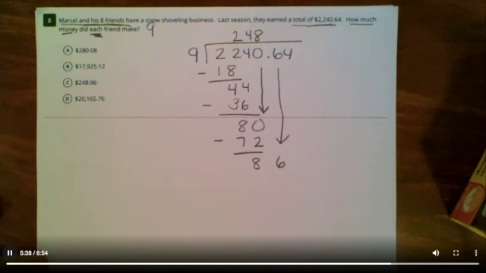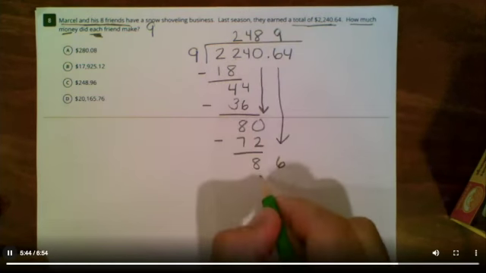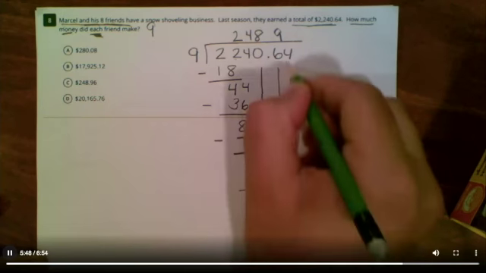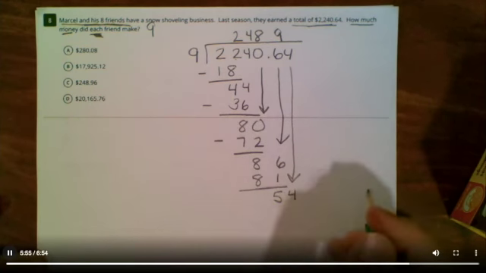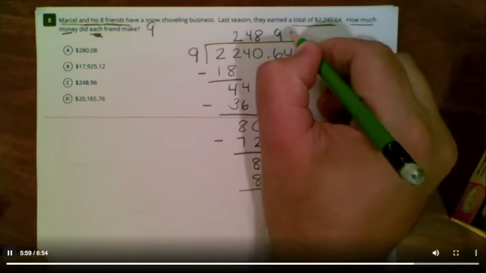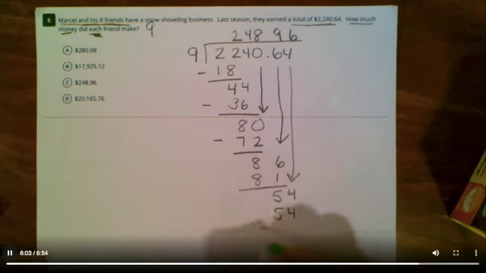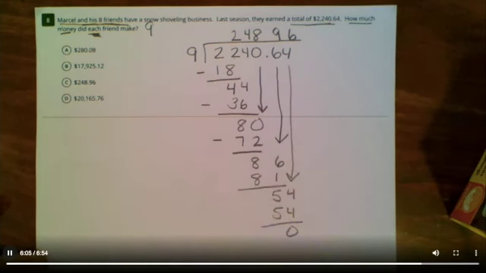We know that 9 goes into 86 9 times. Nine goes into 54 6 times. We end with no remainder, which we love.